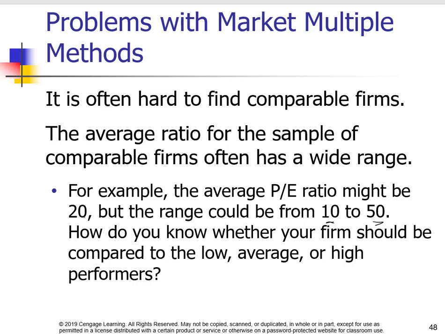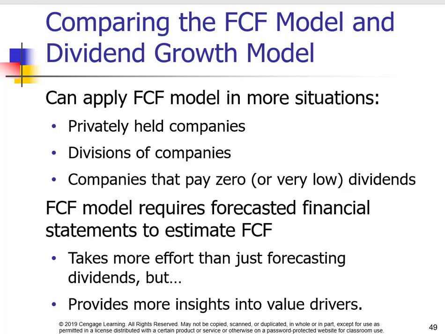But if you use a range, so maybe you use the number 10, you use the number 30, you use the number 50, you would ultimately have a range of prices that you would think the company is going to be within. And of course, if all of those are above the current market value, it implies there's some capital growth that can potentially be reaped from investing in those companies.